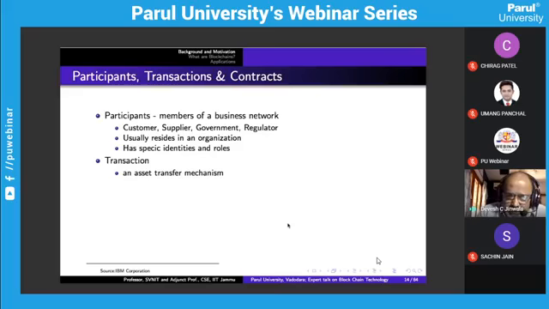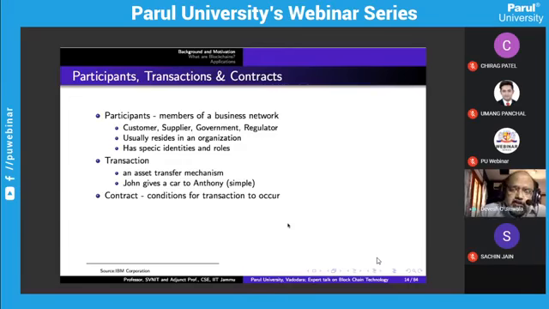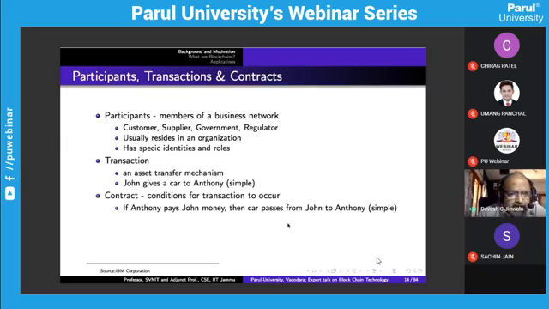Transaction, I think I've already explained. It's the mechanism for transfer of the asset. And this could range from simple transactions to complex transactions. And third is contract. So contract is the conditions for the transaction to occur. Now, it is these contracts which are not going to be so simple in nature. Contract can be simple in some case like this.